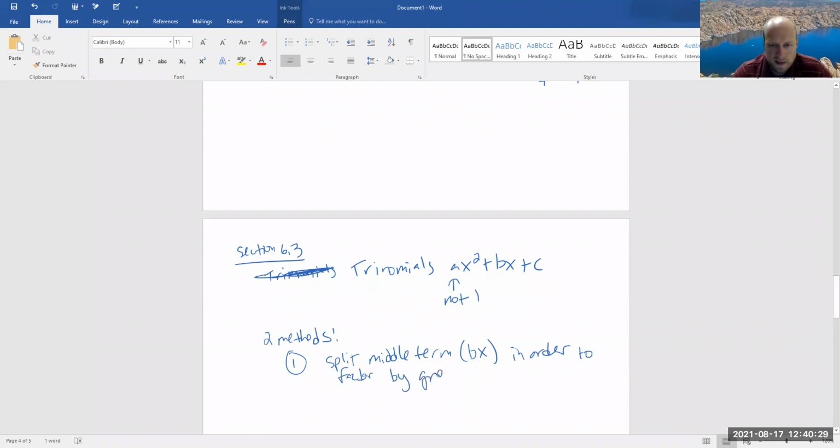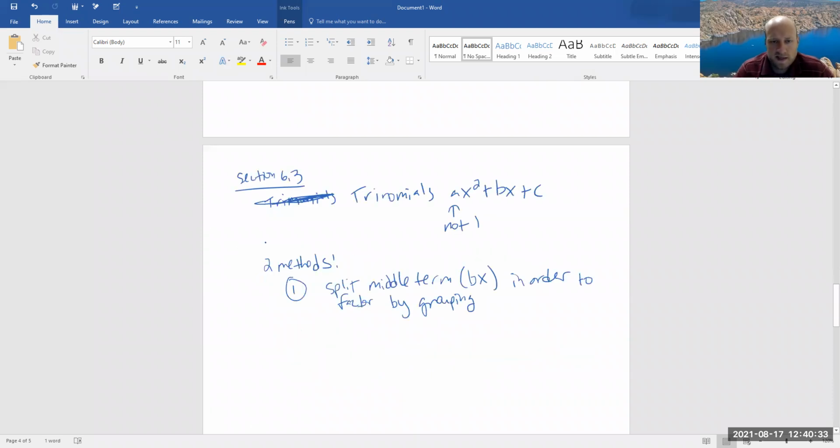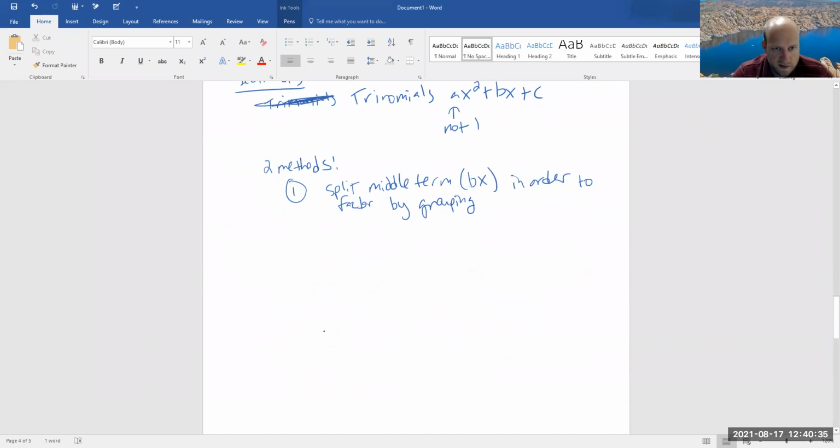The reason I do that is so I don't have to basically guess and check, which is the other method. We're not learning anything new. Method 2 was basically trial and error or guess and check, and that's what the book wanted you to do by reverse FOIL. Reverse FOIL is what they called it. But this is the one that I'm going to recommend.